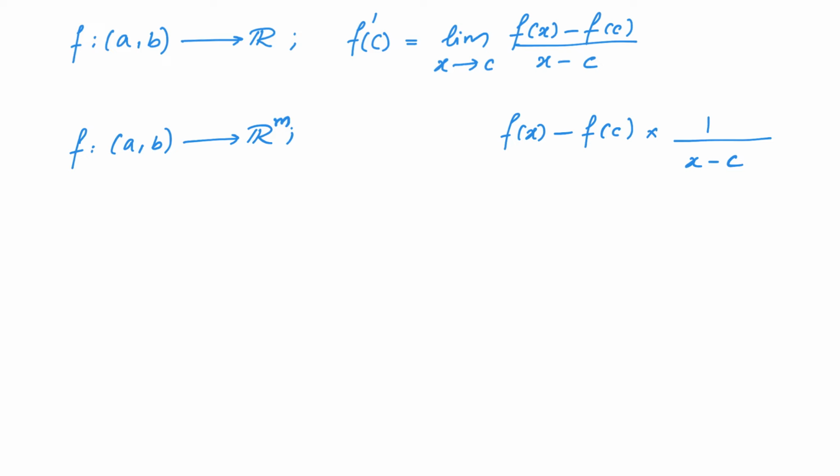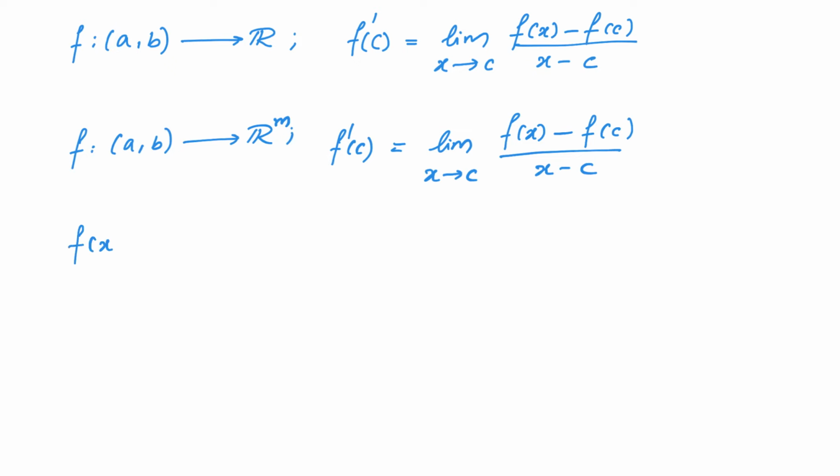Therefore, we can rewrite this as f of x minus f of c by x minus c, just to mimic what we had earlier. Also, we have studied what limits mean. So we can also take the limit of this fraction as x tends to c. When it exists, we will say that the function f is differentiable at the point c, and the value will be called the derivative of f at c.